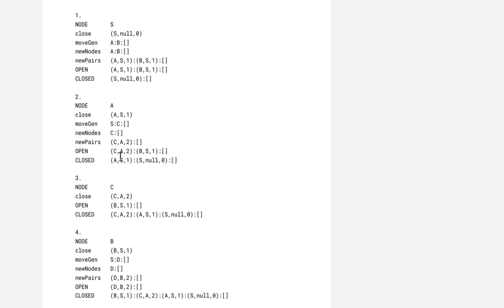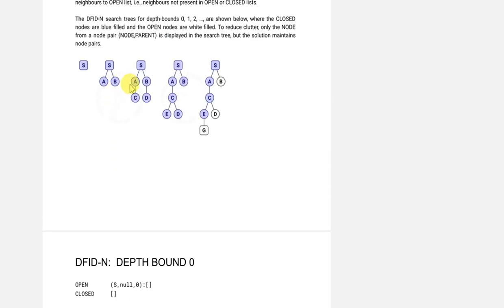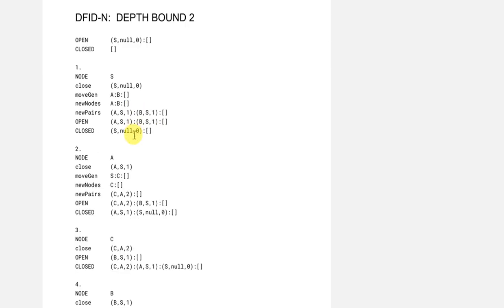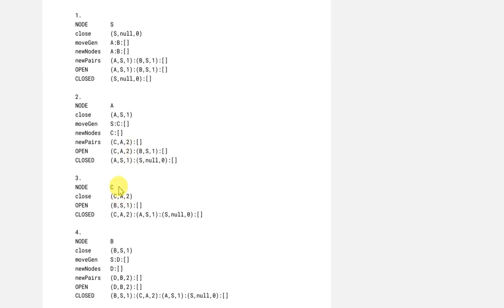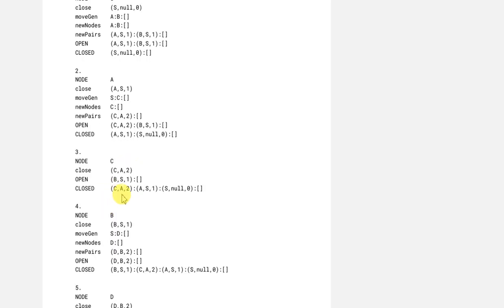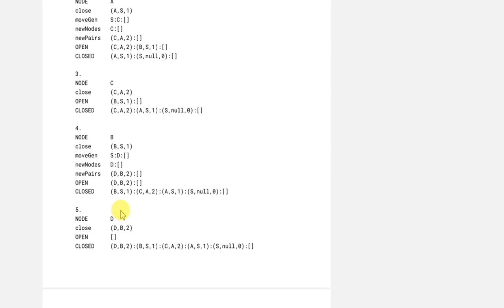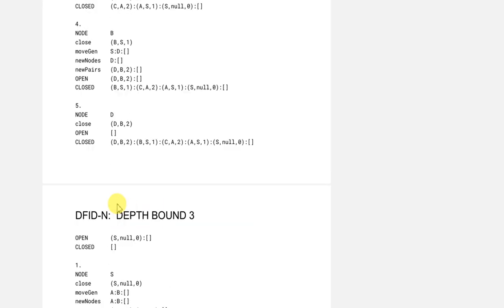From A, we already know A has C and B has D as neighbor. So for A, we'll go to C, because in the open list C will be present, and for B we'll go to D. But after that we will stop.